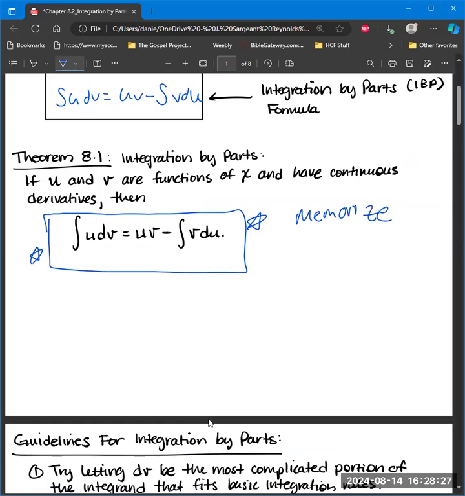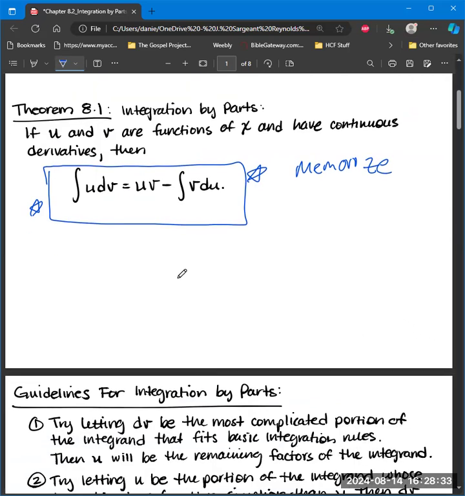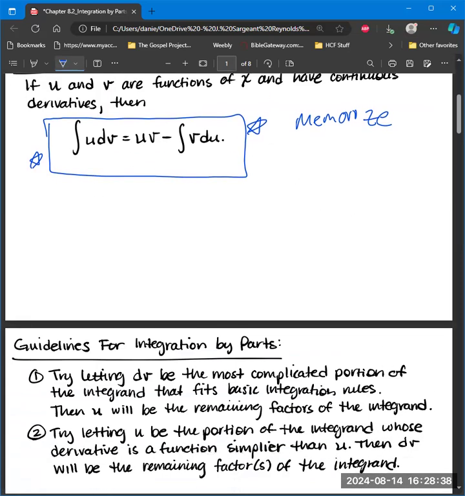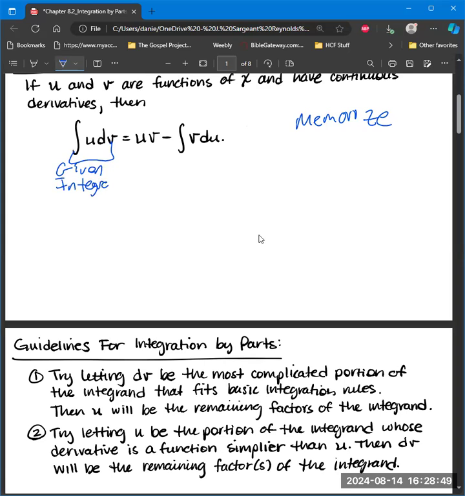All right. So if u and v are functions of x and have continuous derivatives, then the integral of u dv is equal to uv minus the integral of v du. This is going to be my given integral, something that I can't simplify. Our goal is that this right here is a simpler integral that we can work with.